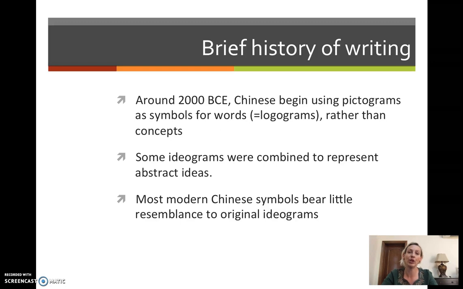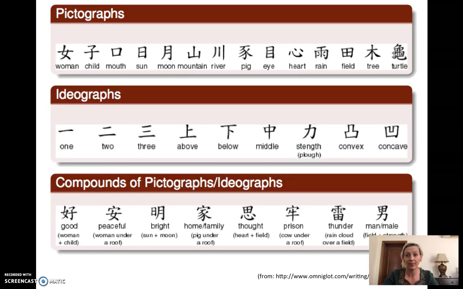They now don't look as simple as pictograms after years and years of development, but you can still see some resemblance, and every symbol is one word. So some of them kind of look like what they represent, and those are the pictographic ones. You can see them at the top of this slide. So a symbol for the word woman kind of looks like a person with legs and arms.